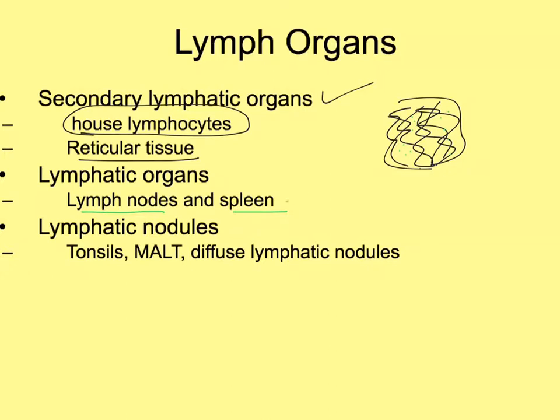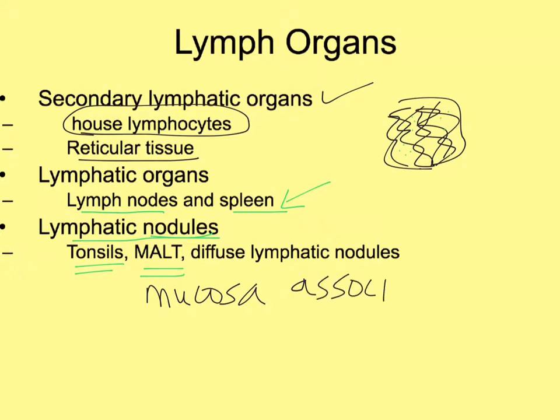We don't talk about the spleen much, but it's a lymphatic organ. Lymphatic nodules, those are kind of like lymph nodes, a little bit bigger. So there's the tonsils, the MALT, which is the mucosa-associated lymphatic tissue, which I just tried to write on the other page.